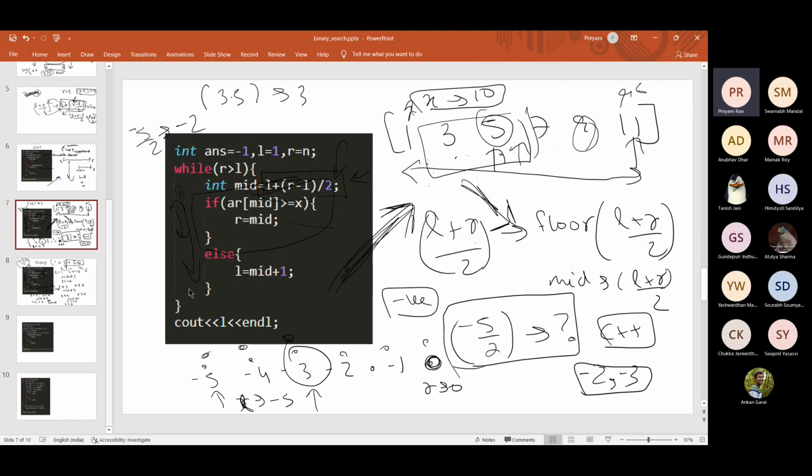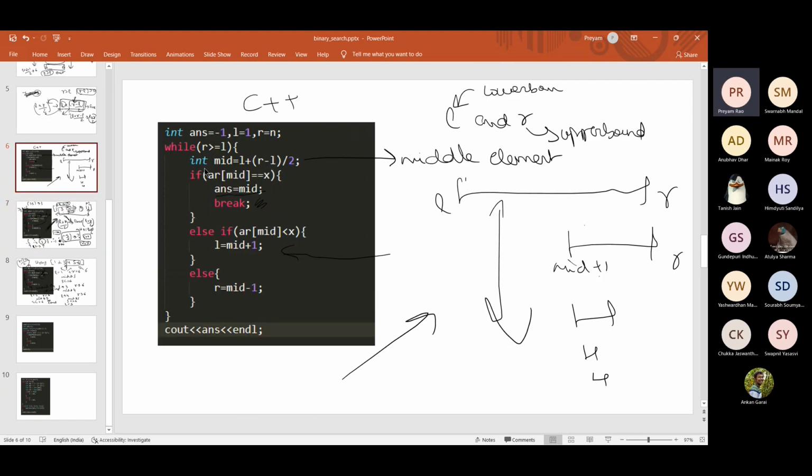These implementations work even if we don't exactly know if it will ever be equal. See, because in this case, let's say x does not appear, then this will not give us any answer, right? Because we are only giving an answer when we find the element.